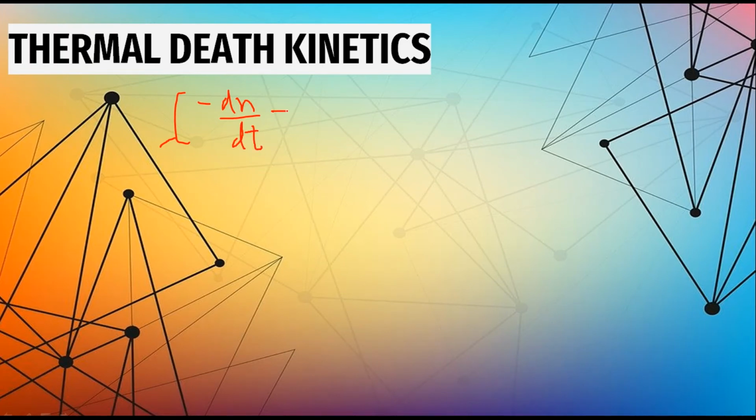You all have heard of this, right? If you have heard about the D value, Z value, F value in thermal process engineering, then you have come across this equation. This is a very important equation in thermal death kinetics, as the derivation starts from it. We know that minus dN by dt is equal to Kd N, right?